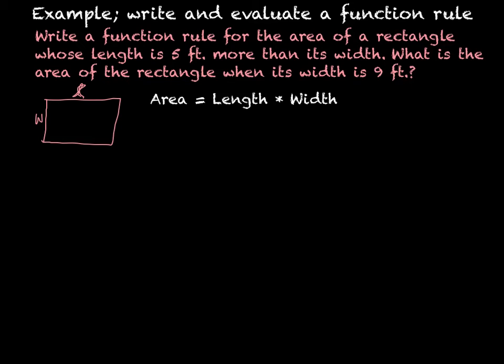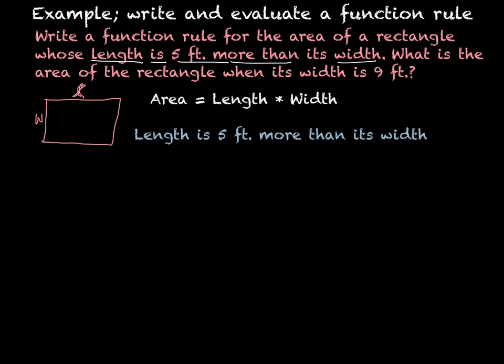However, I have a little bit more information saying that the length is 5 feet more than its width. If I look at this statement, I say the length is, so equals, so if I call length right here L, and width right here W, then I can put my variables in.